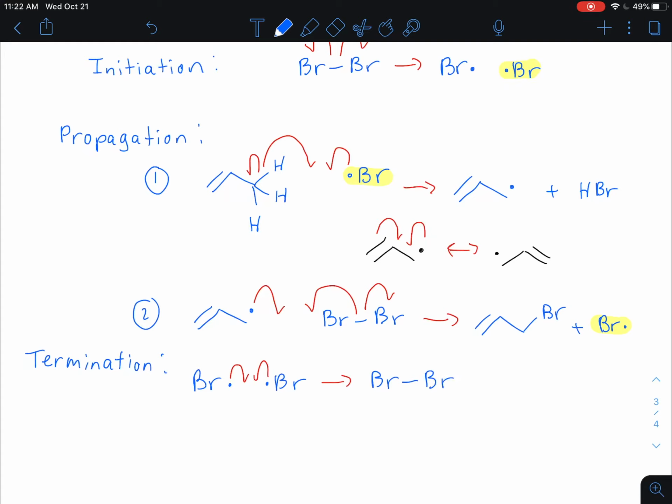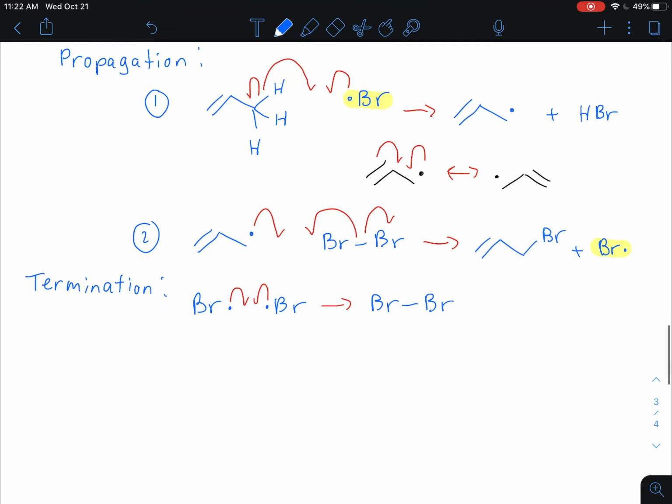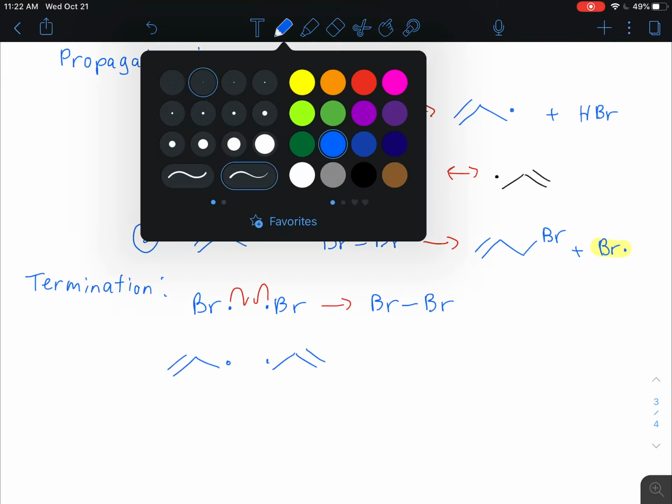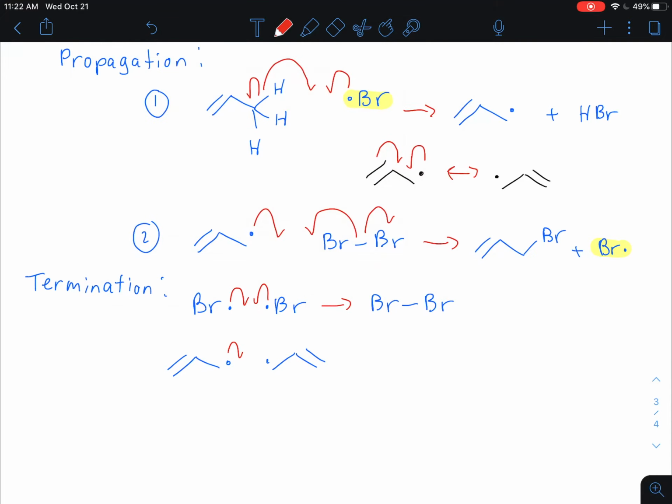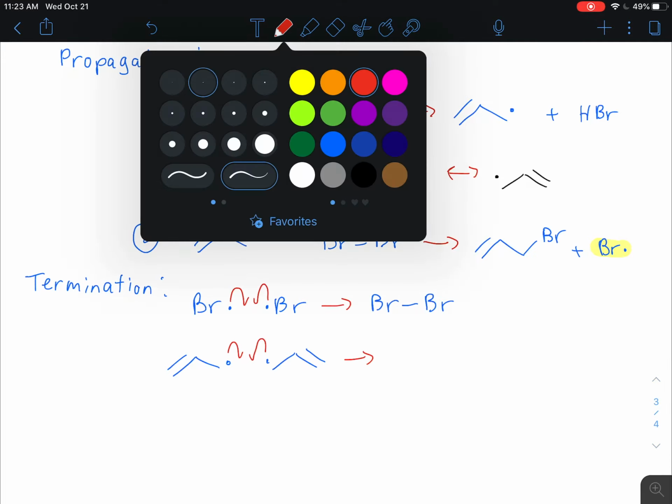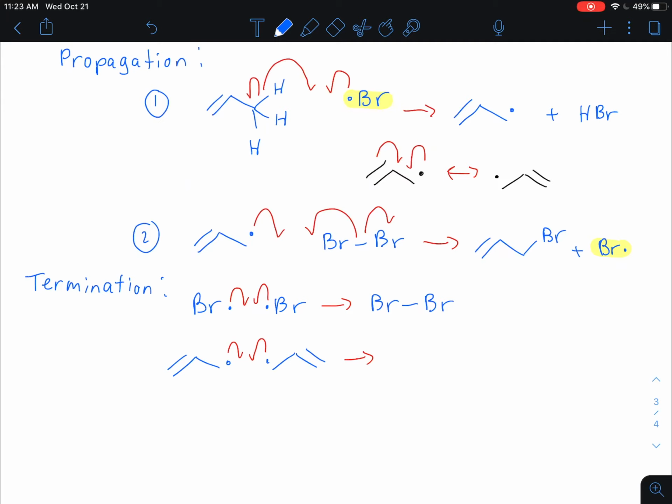So that's one option for termination. We could also have the allyl radicals react together to make a carbon chain. That would also qualify as a termination step. So anything where the radicals are really getting quenched, that would qualify as a termination step.